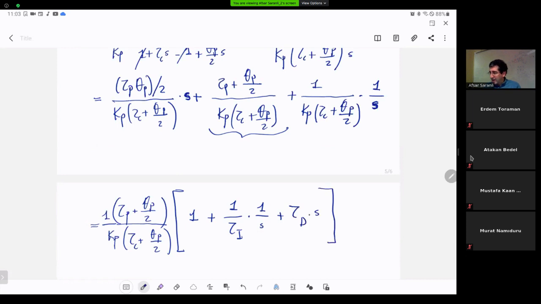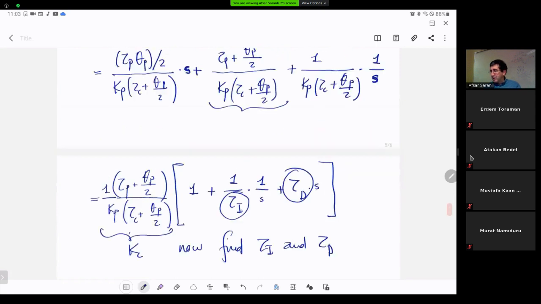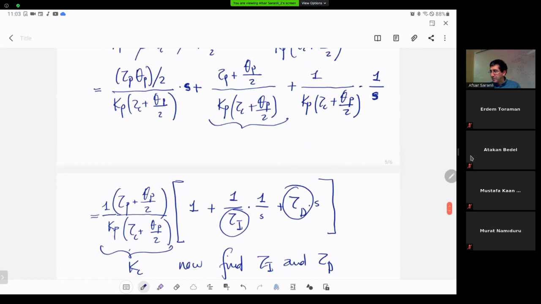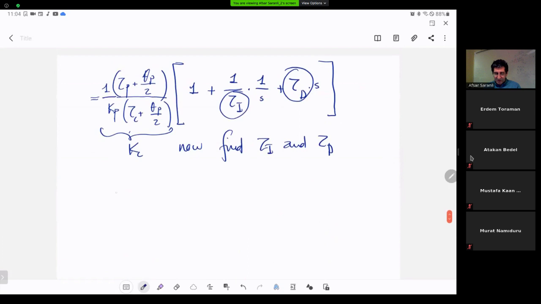This is clearly our kc already. Now we need to find tau I and tau d, the terms that when multiplied by kc will give us the terms that we have in the above expression.